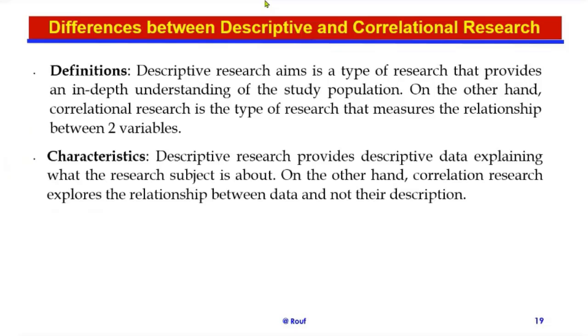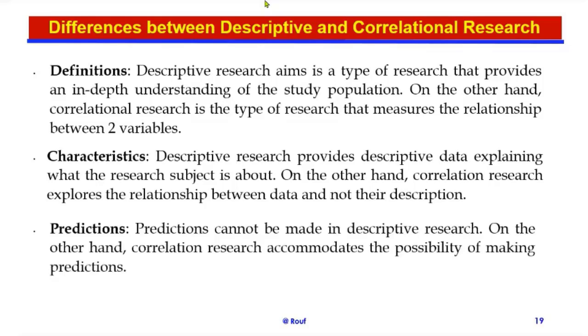On the basis of characteristics, descriptive research provides descriptive data explaining what the research subject is about. On the other hand, correlational research explores the relationship between data and not their description.